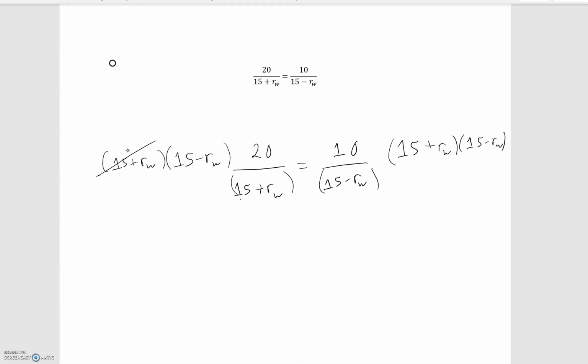Multiplying that out, we have some sweet cancellation here. Using our distributive property, we can multiply that out and see what we get.